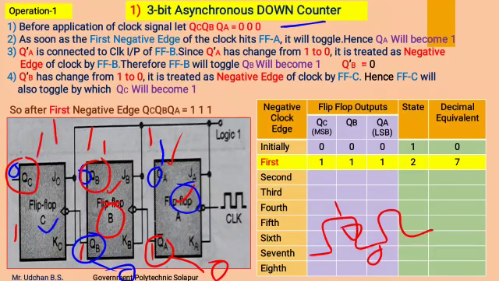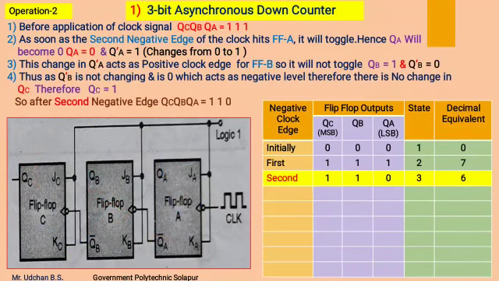So after the first negative edge of the clock, we get the output as 1 1 1, its state number is 2 and its decimal equivalent is 7. So the initial value was 0, and when counting starts, it starts from 7, the maximum value of this counter.